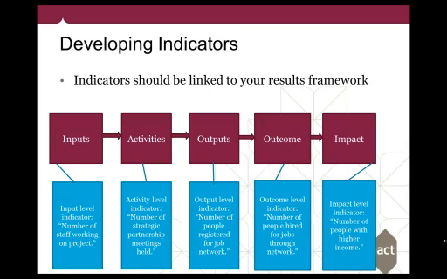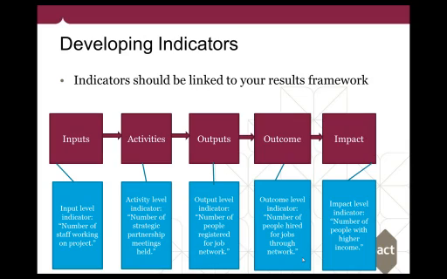Indicators are also linked to your results framework, which means that you have different kinds of indicators depending on what it is you want to measure. So you could have an indicator for an input, something like number of staff working on project. You can have indicators for activities, number of meetings that are held. Also, of course, you can measure your outputs, number of people who have registered for a job network.